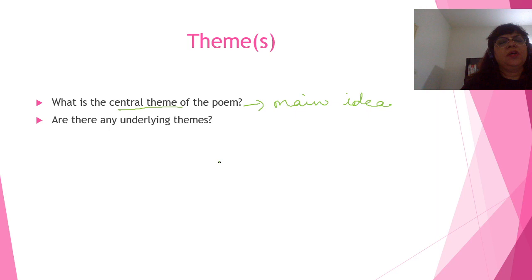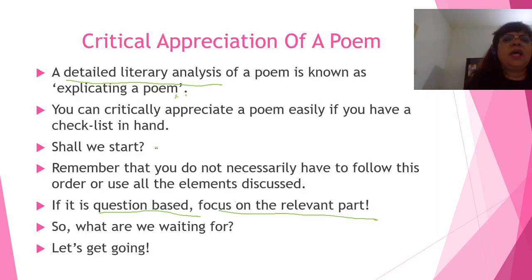For those of you who came in late, I would like to quickly go through this right from the beginning so that you make the most of it. I started with a critical appreciation of a poem, and then a detailed literary analysis of a poem, which is known as explicating a poem.